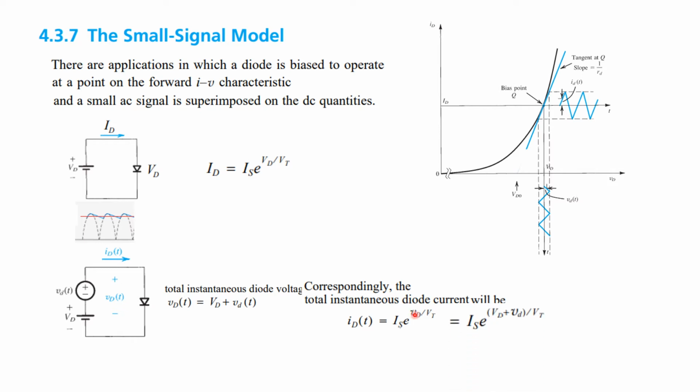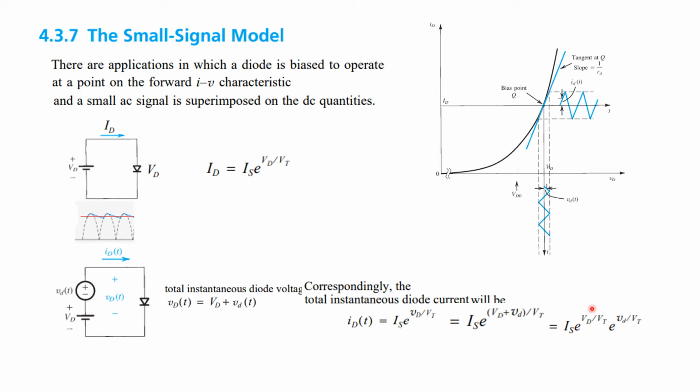And we know vD is VDC plus vAC, so we can write it like that. And then we can separate these, so it will be IS e raised to the power VDC over VT into e raised to the power vAC over VT.